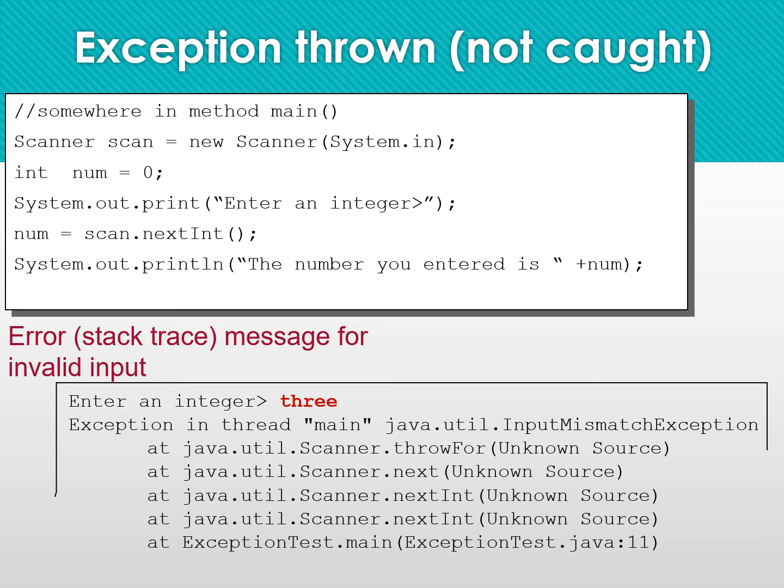So this is what the JVM is showing to you. It shows here that the exception is InputMismatchException. This is the error stack trace message. It's tracing where the error happens.